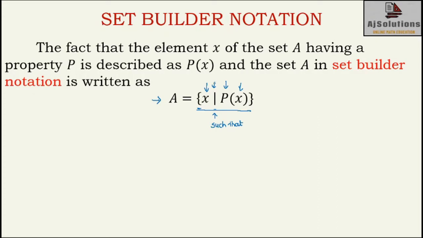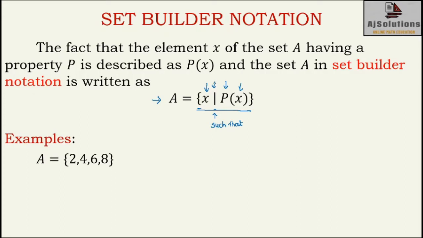For example, suppose I have this set A. So I have to understand what is the property these elements have. So if I think over the properties followed by these elements, what I can note here, number 1, the elements are integers.